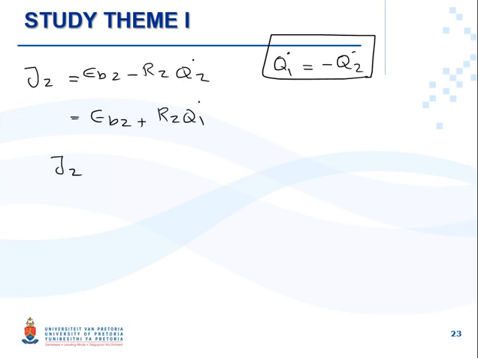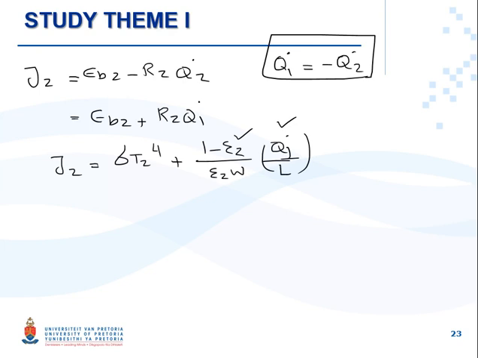So J2 simply is equal to sigma T2 to the power of 4 plus 1 minus epsilon 2 over epsilon 2 W times Q dot 1 over L, which we already have. We have epsilon 2, W, T2, and the Stefan Boltzmann constant. So J2 is equal to 59,043 watt per square meter.